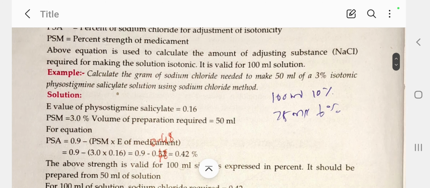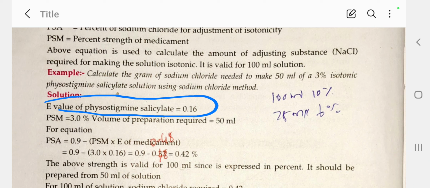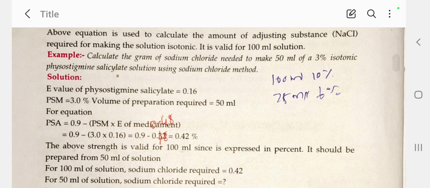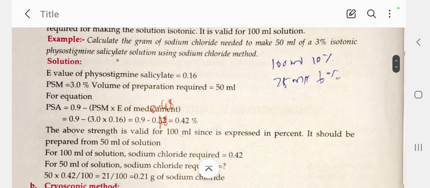Here E of medicament is the E value of physostigmine salicylate, which is already given as 0.16, so we have to apply this.